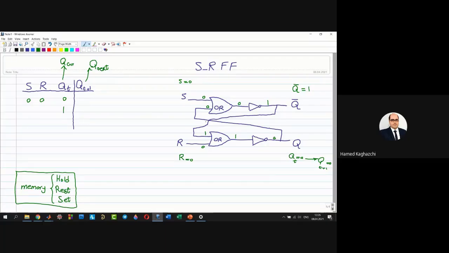This 0 again comes here, 0, 0, 0, again 1, 1, 1. It means that the Qt plus 1 is 0.